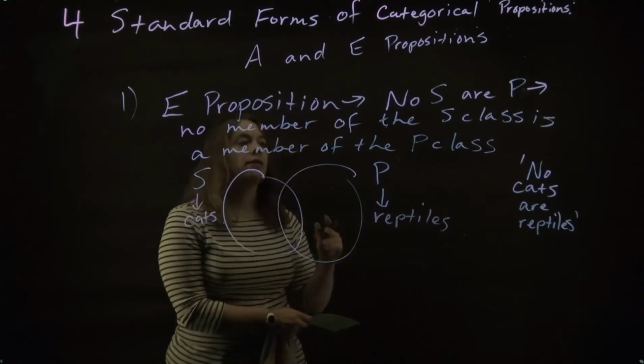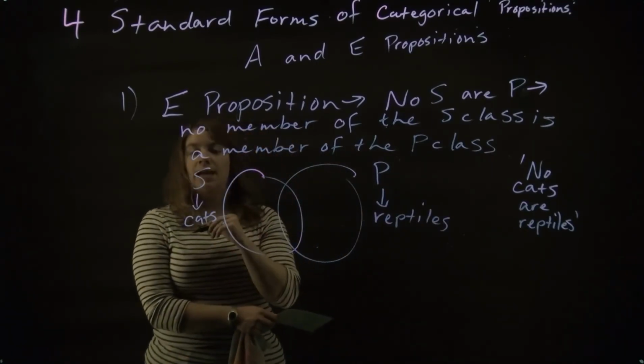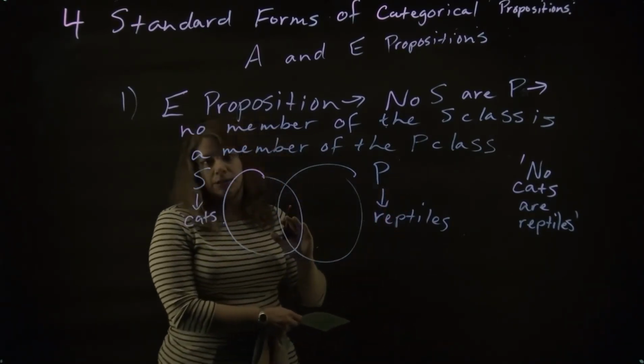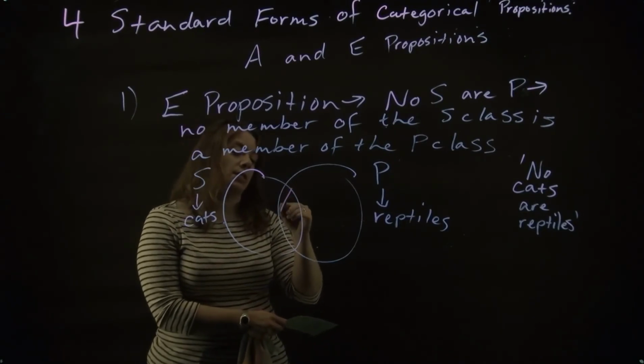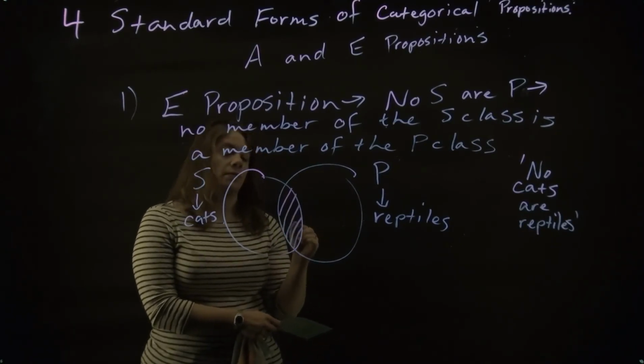So what the E proposition is basically saying is that if you find a cat, it will never be a reptile. And likewise, if you find a reptile, it will never be a cat. So we symbolize this by shading out the middle portion of the Venn diagram where the two classes overlap.